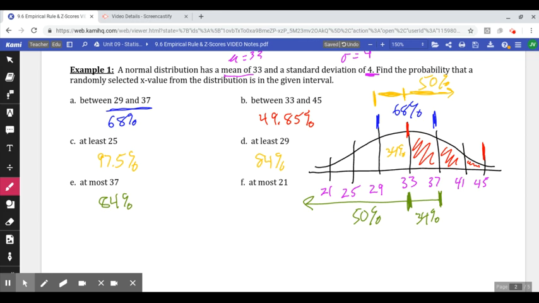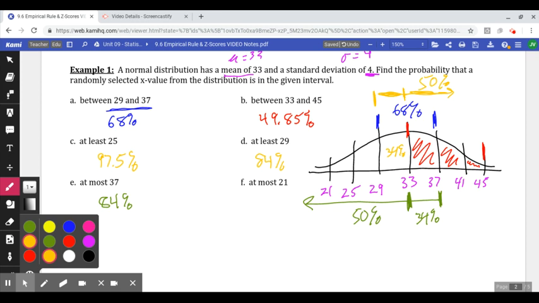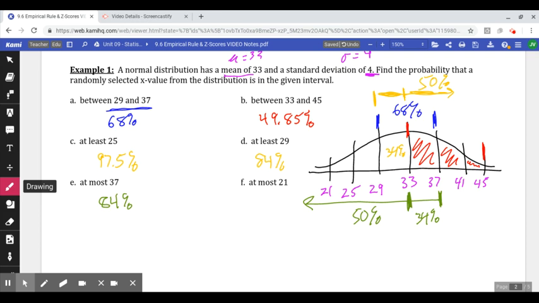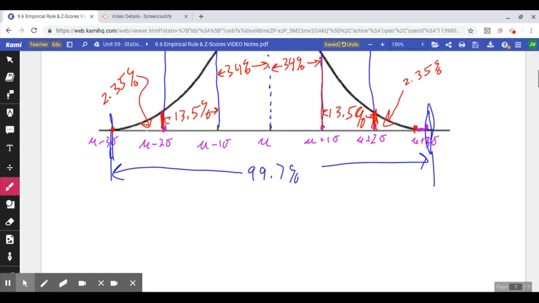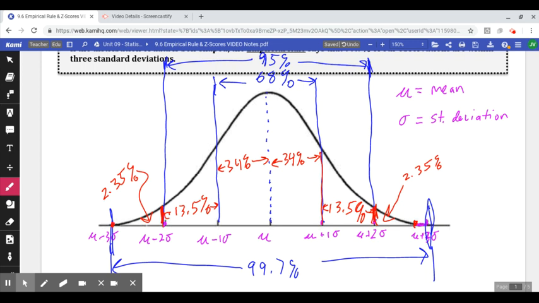Now looking at most 21, this is going to be a tiny amount of data right there. Let's see if I can highlight that with a different color, maybe yellow. Hopefully you can see the yellow on the screen. We're looking for everything in this little part right there. We could take 50 and subtract each piece that we see to the left of the mean.